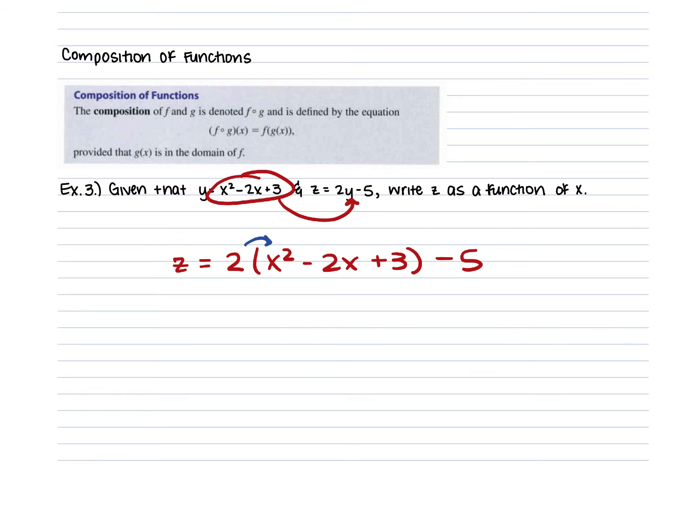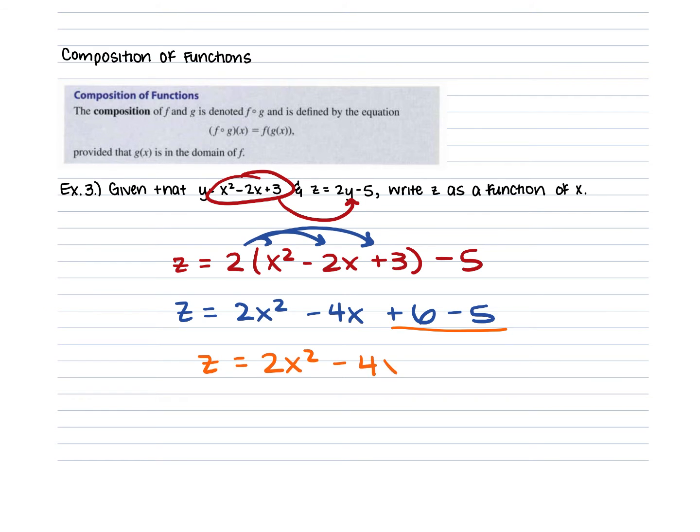First thing we do is distribute that 2. So we have z is equal to 2x squared minus 4x plus 6 minus 5. From here, you do have like terms of that 6 and that negative 5. So combine those, and you have z is equal to 2x squared minus 4x plus 1.